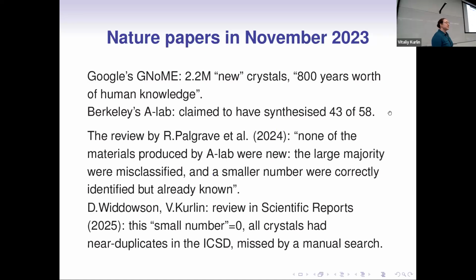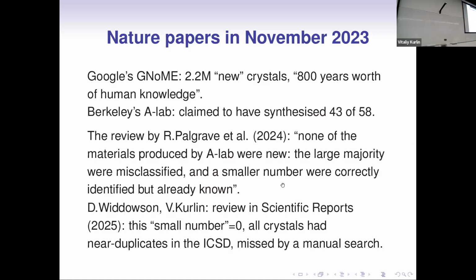Unfortunately, it was a fairy tale, because pretty soon chemists were looking at the materials. That was one of the first reviews about the synthesized materials, and it claimed that basically none of the materials were new and the large majority were misclassified. There was probably a small number that was correctly identified.